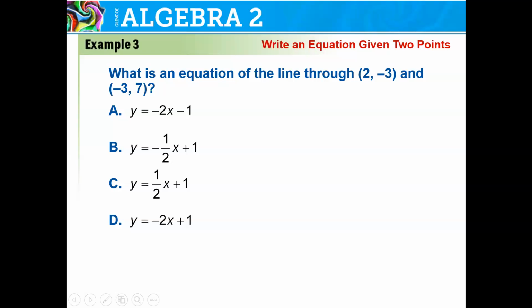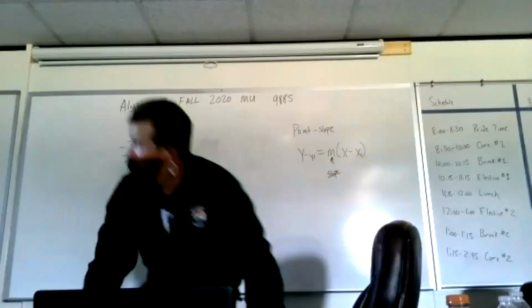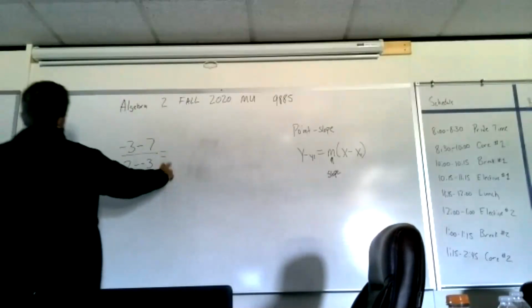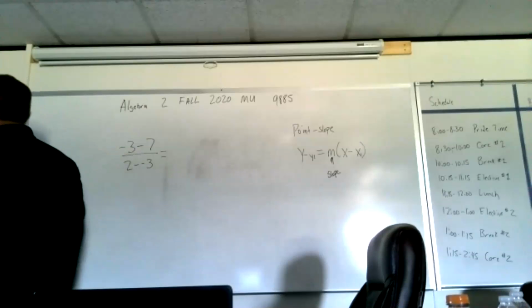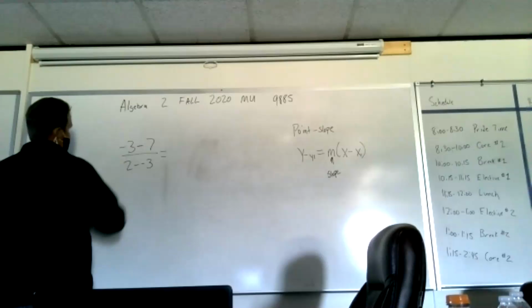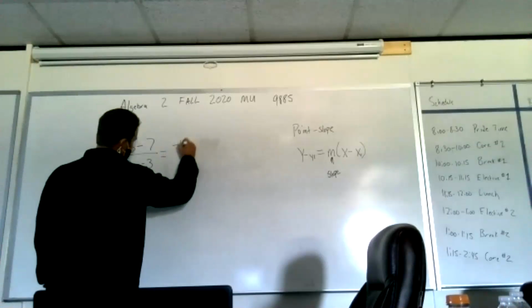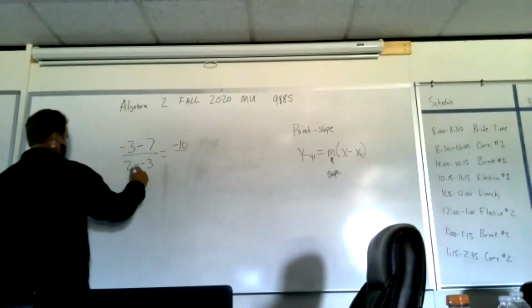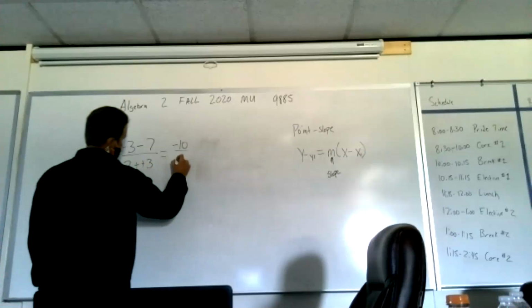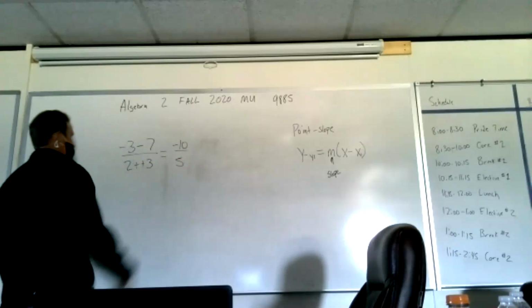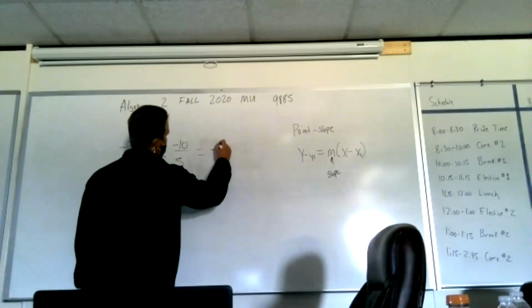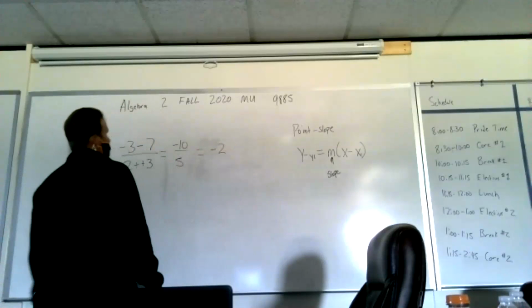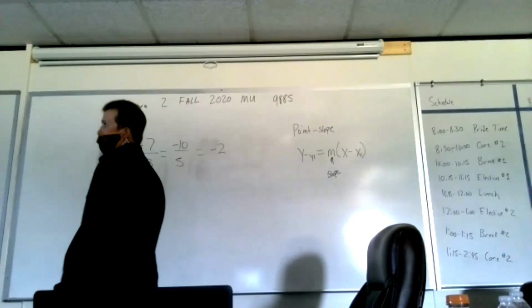Setting up my slope formula, make sure I did it right. -3 minus 7 is equal to -10, over 2 minus a -3, which is 5. -10/5 can be simplified down to -2. So my slope is equal to -2.